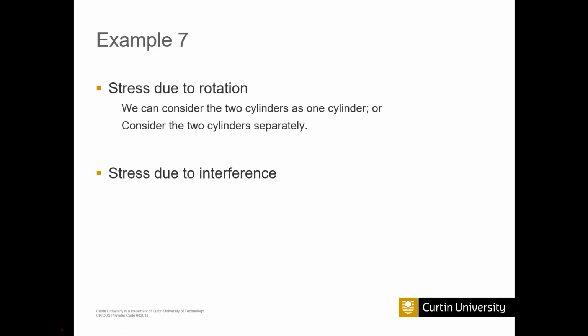Stress due to rotation and stress due to interference are calculated separately. At that time, you need to consider the contact, because you need to consider the delta equation and the contact pressure equations separately for both cylinders.